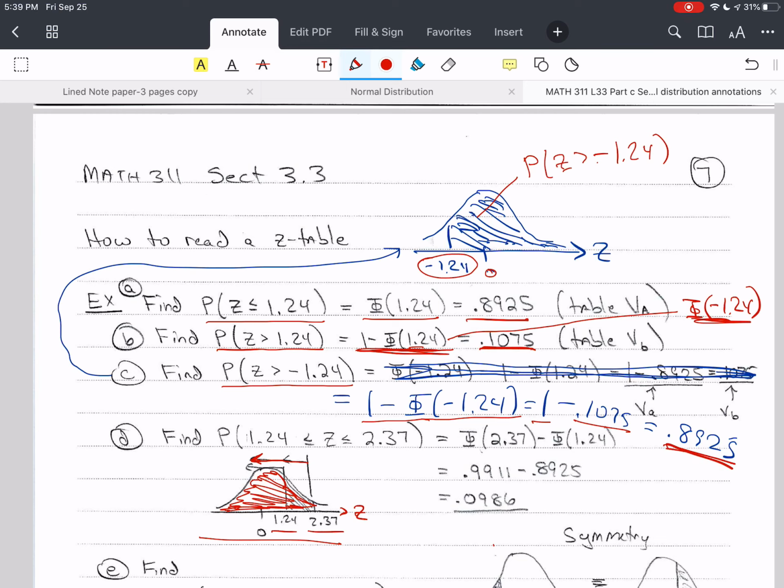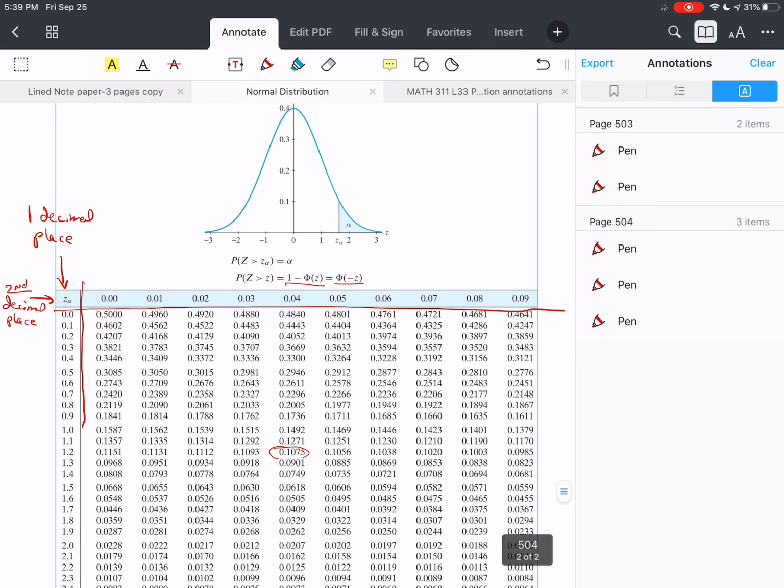But I don't want all that. I want to subtract off the portion that is below 1.24. So I can look up this probability in the table as well, and I can subtract the two to get what I want. So this turns out to be phi of 2.37 minus phi of 1.24. And so I go to table 5A, and I'm going to clear this out.